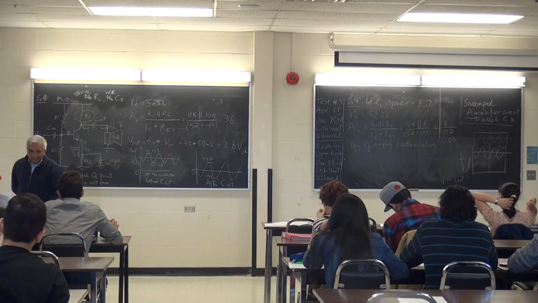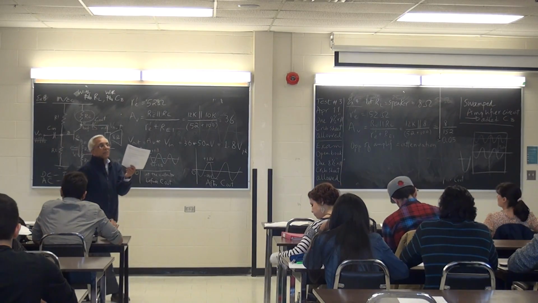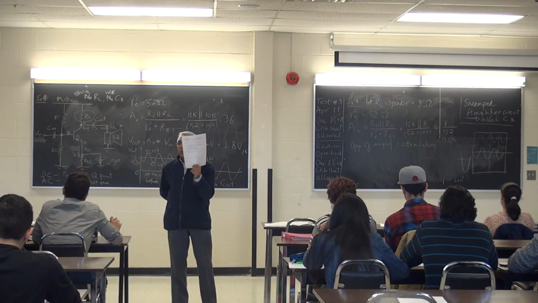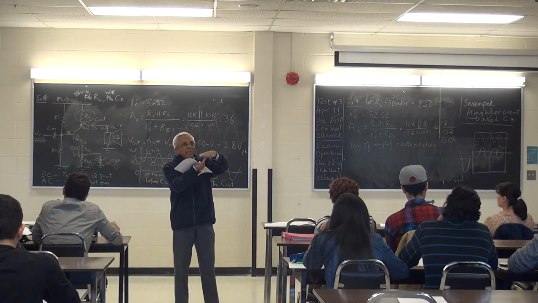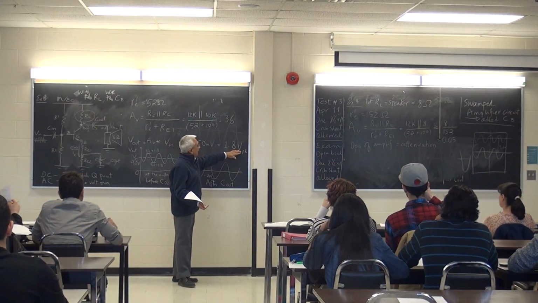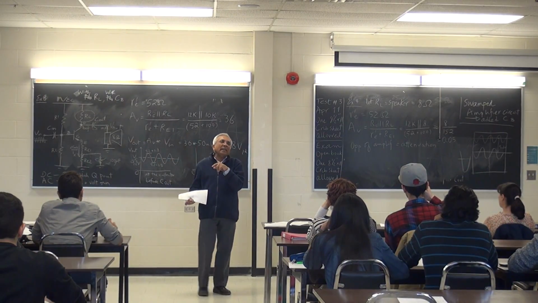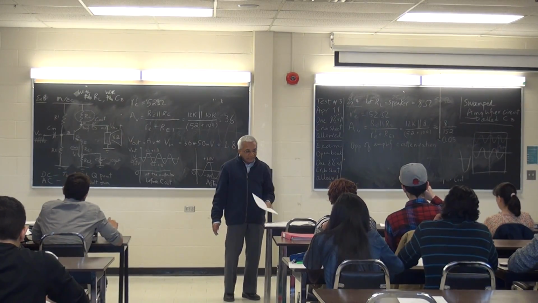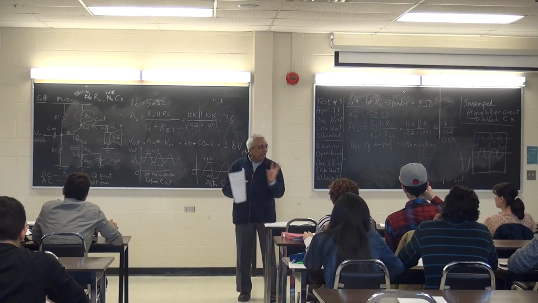But that's my second stage of the two-stage amplifier circuit, and it's not going to make my signal small. It's going to keep that signal the same as 1.8. 1.8 going in, 1.8 coming out. Okay? So that's what we're going to talk about next class. So that's the whole point.